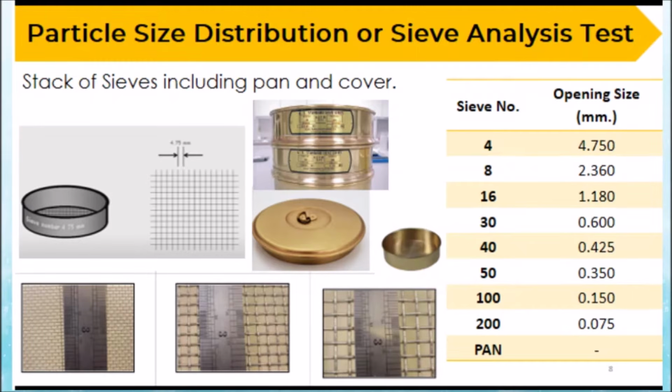So we have sieve number 4, 8, 16, 30, 40, 50, 100, 200, and pan. Habang lumalaki yung sieve number, lumiliit naman yung butas niya. Yung pan natin, sarado na yon. And may cover din tayo sa taas.